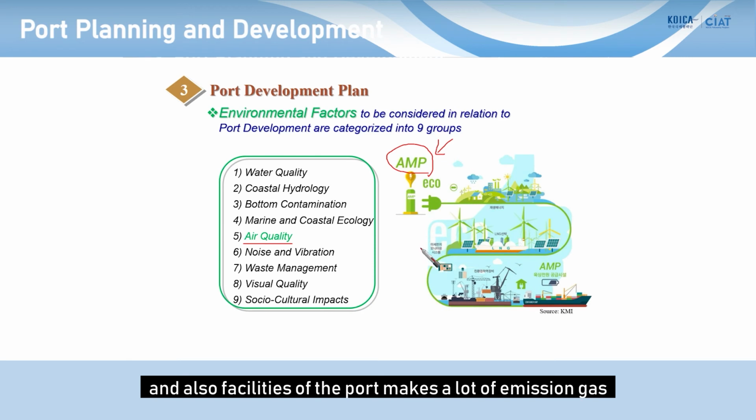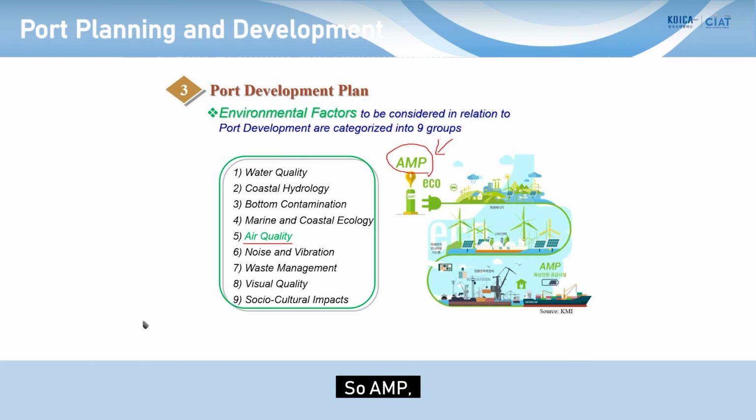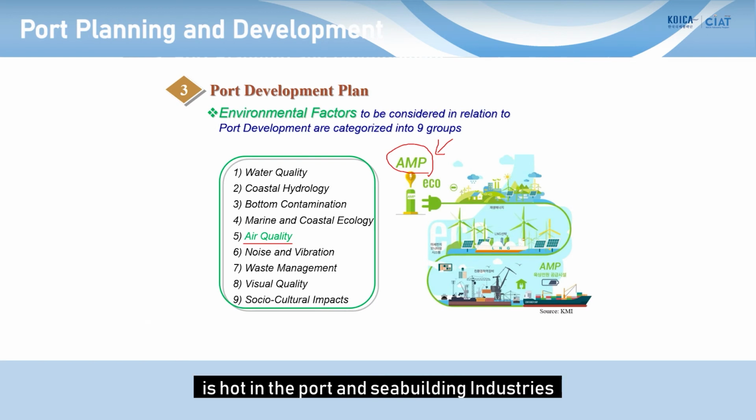And the cargo handling facilities of the port also make a lot of emission gas. So AMP, cold ironing, is hot in the port and shipbuilding industries nowadays.